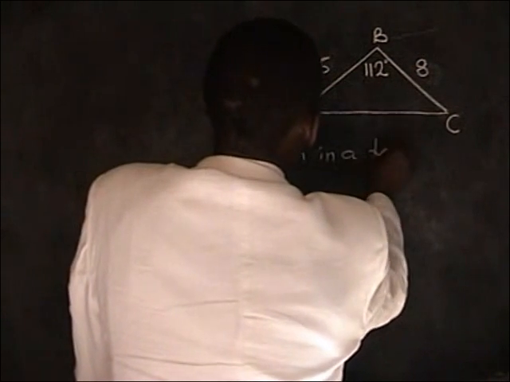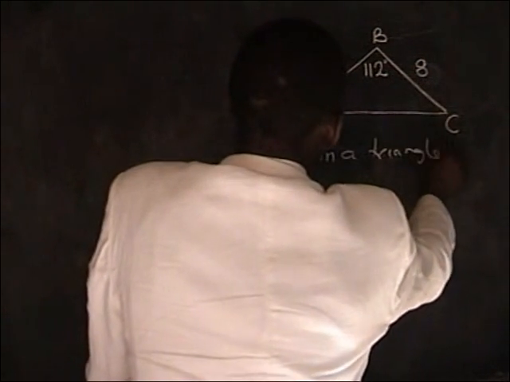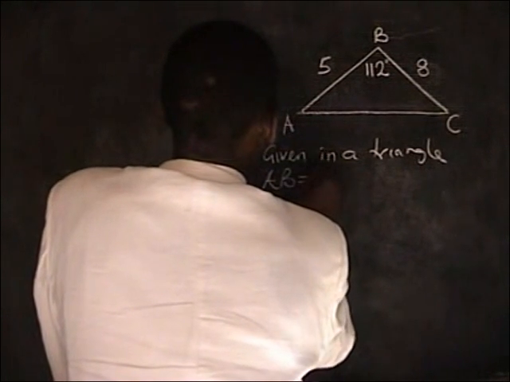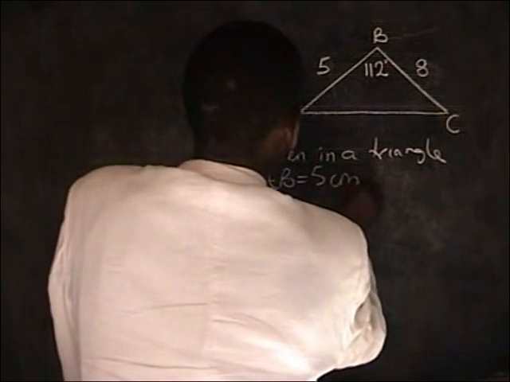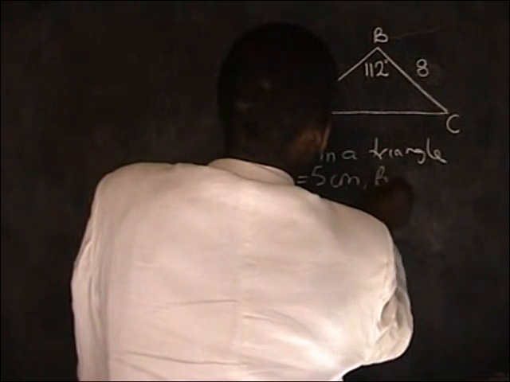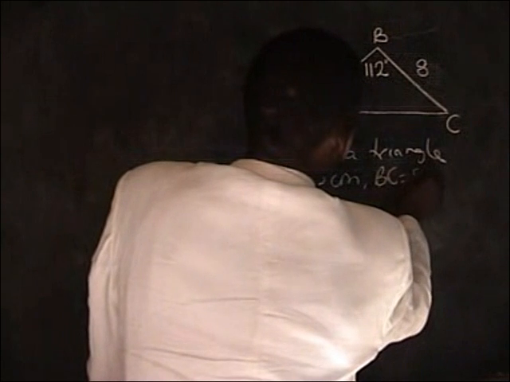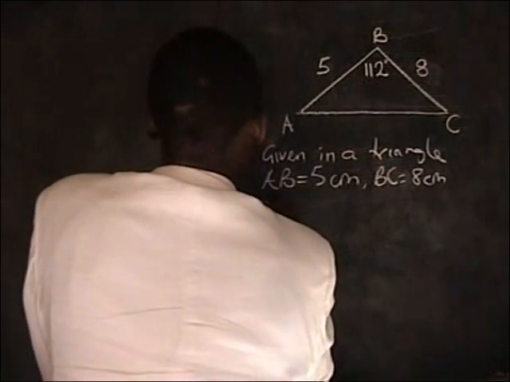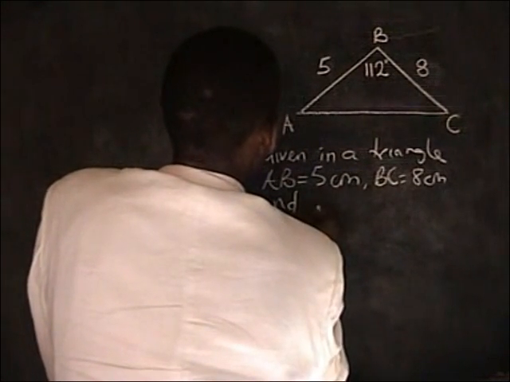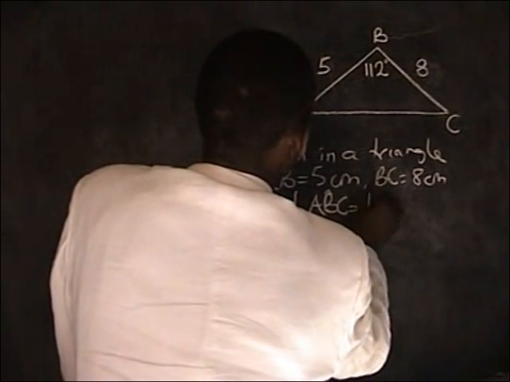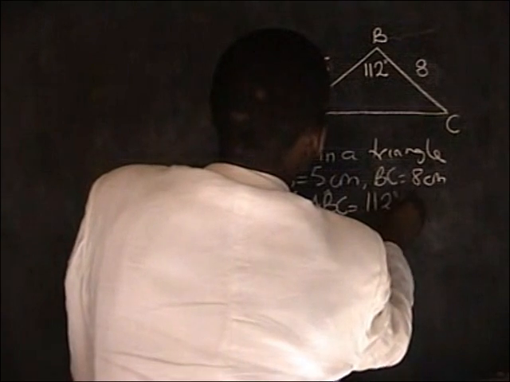So this is given in a triangle that AB is equal to 5 centimeters, BC is equal to 80 centimeters, and the angle ABC is equal to 112 degrees.